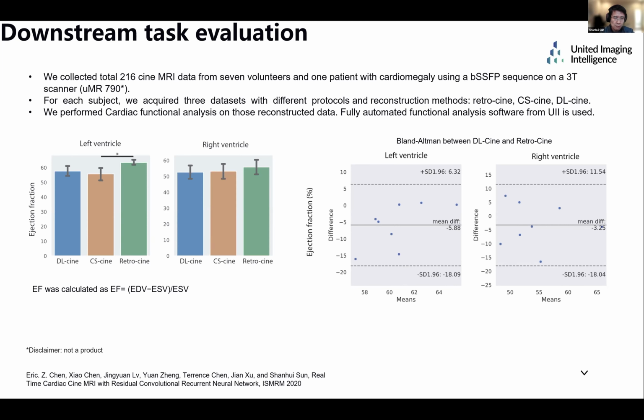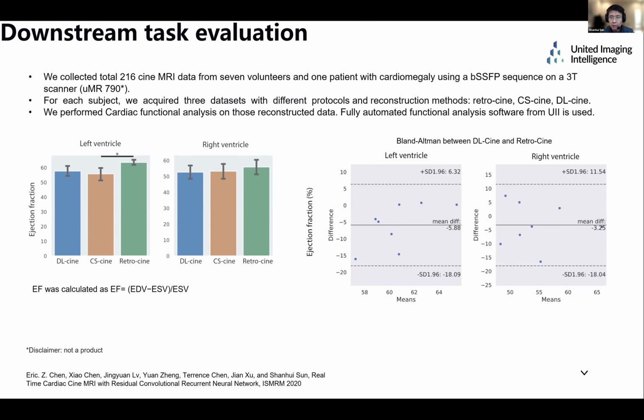On the left side, the bar chart indicates that, statistically speaking, there is no significant difference between the deep learning based method and Retrospective. And on the right side are the Bland Altman plots. We can see that for either left ventricle or right ventricle, our method generates results consistent with the Retrospective.